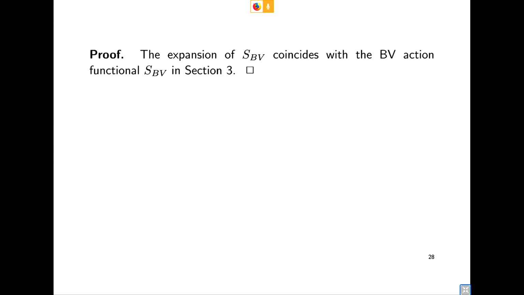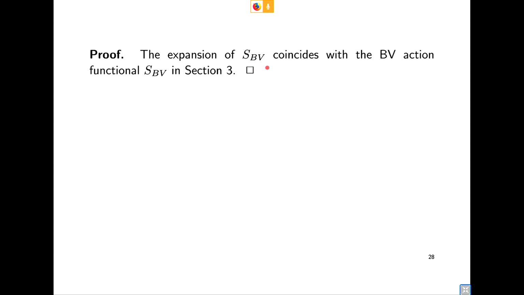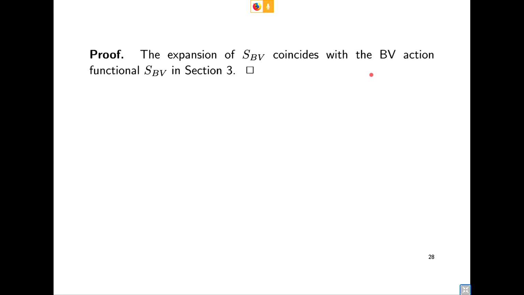We can easily prove that this satisfies the classical master equation by expanding this A and X into the component fields, and this one is equivalent to the BV action functional S_BV obtained in the previous section. So this is the correct one.